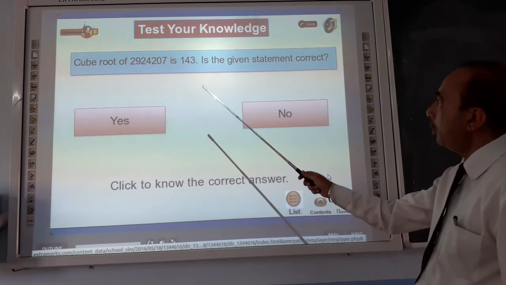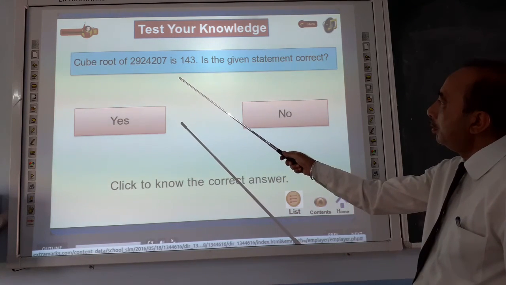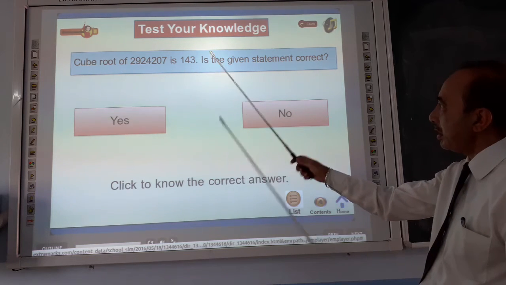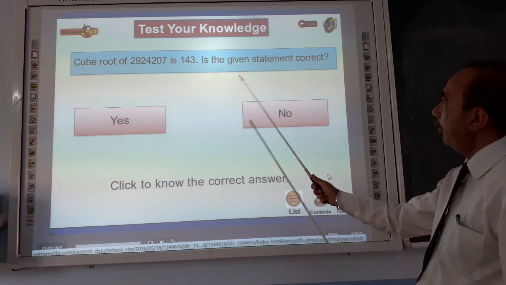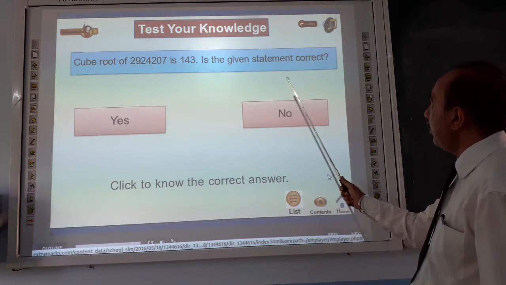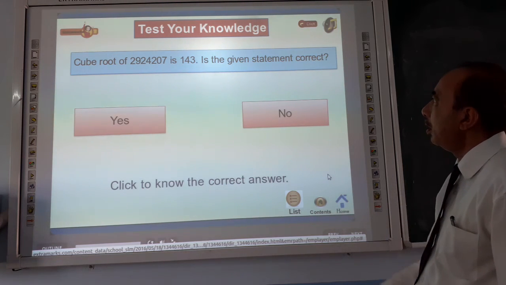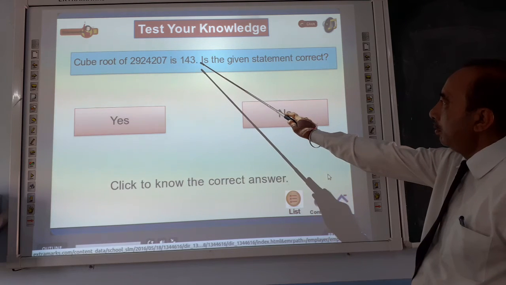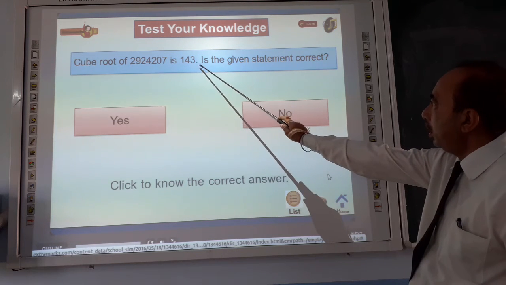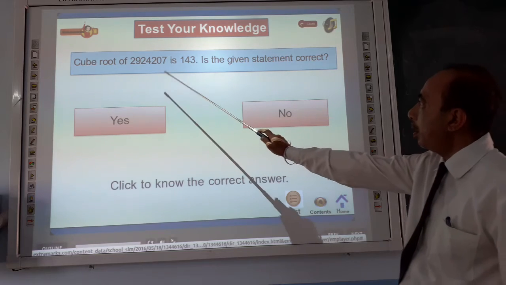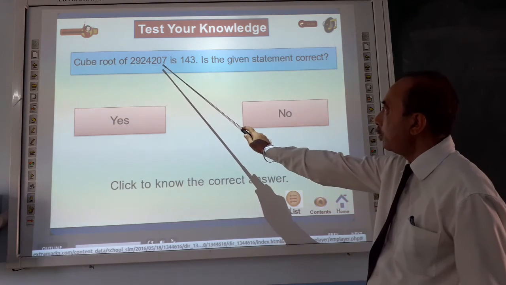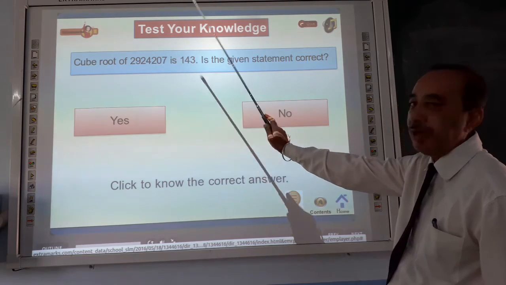Cube root of 2,924,207 is 143. Is the given statement correct? Here 3 digits we are having, and here we are having 2 plus 2 plus 2, 7 digits.